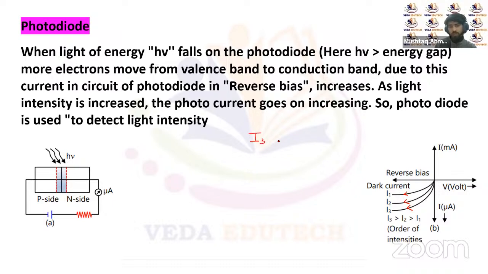So here I3 should be greater than I2, which should be greater than I1, because of the greater reverse saturation current in the case of the third photodiode. So this is how the current depends on the intensity of the given radiation, and we can detect the intensity of radiation using the photodiode.